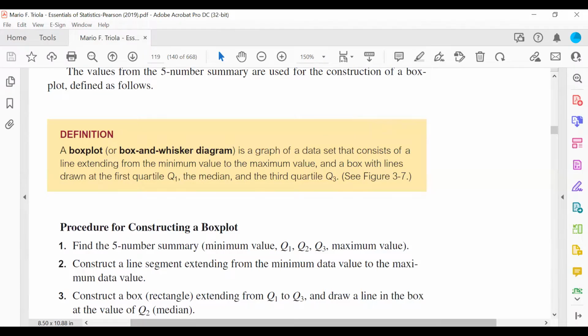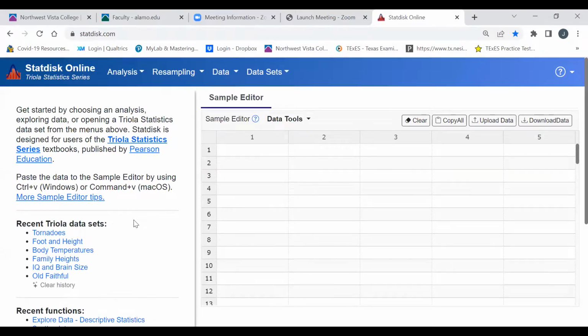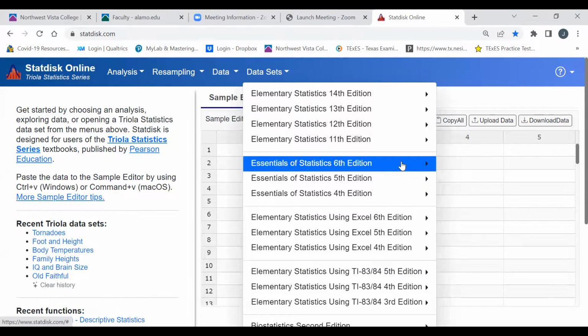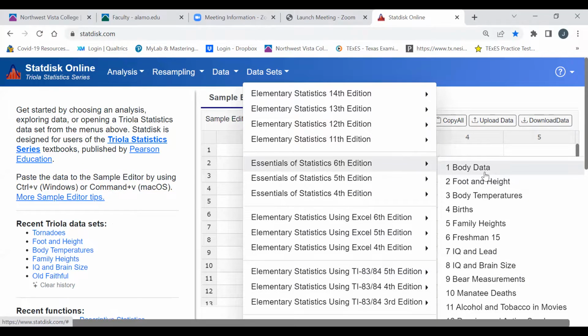All right, I don't think I have it here. StatDisk. Okay, here's my StatDisk. All right, so let me load up a data file. So I'm gonna bring up a data. So we will do body data.